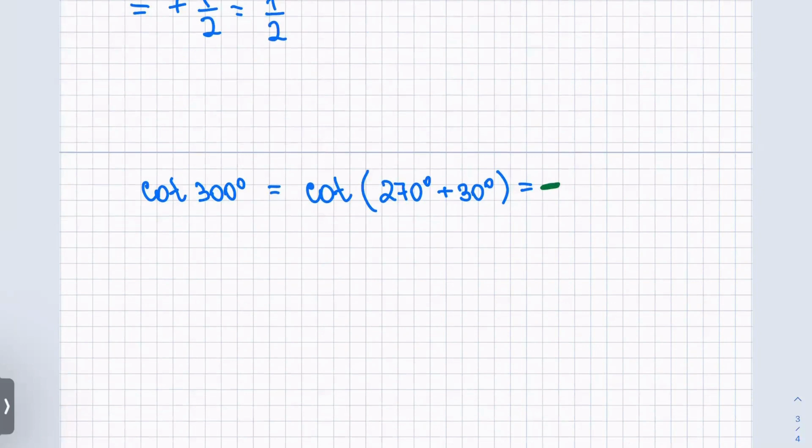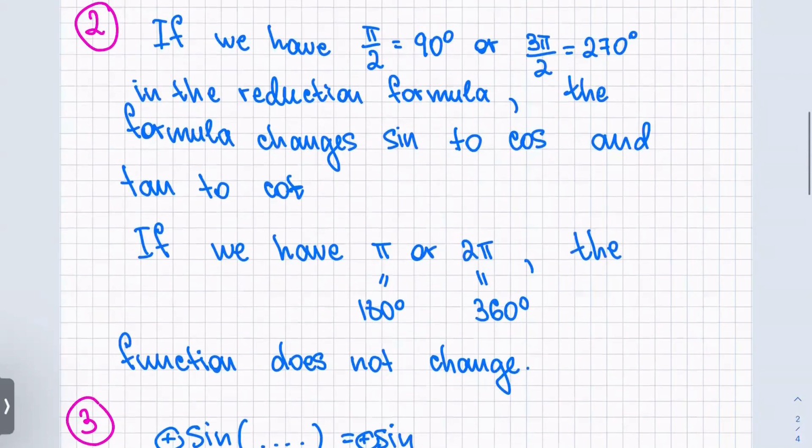Now, dear students, let's look at these parentheses value. So let's see, do we have something like 180 degrees, 360? I don't see. Do we have something like 90 or 270? Yes, we do. We have 270. So what that rule then tell us?